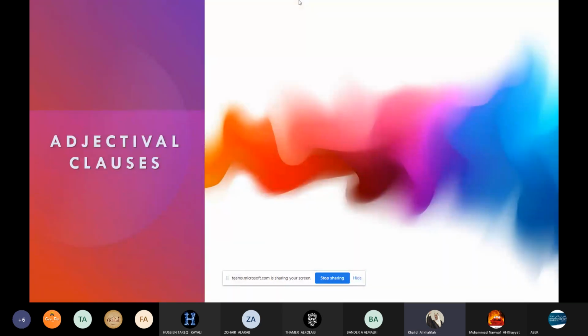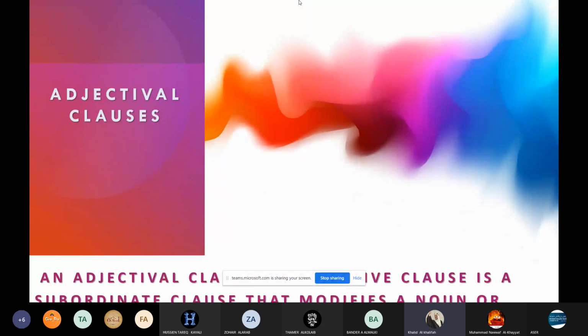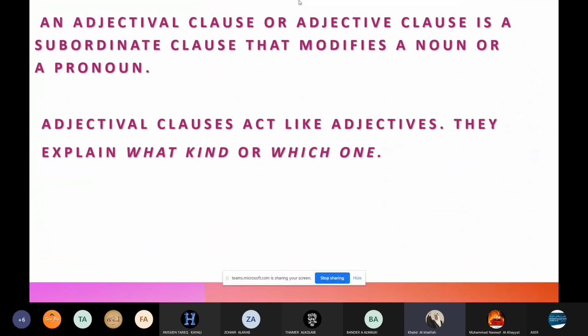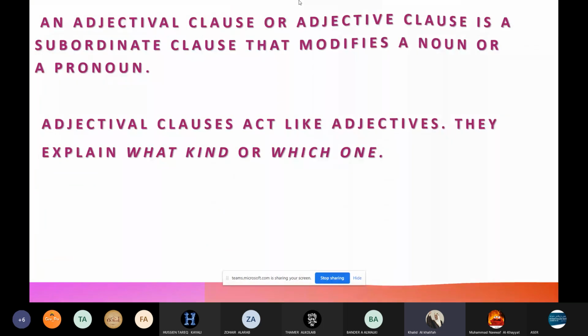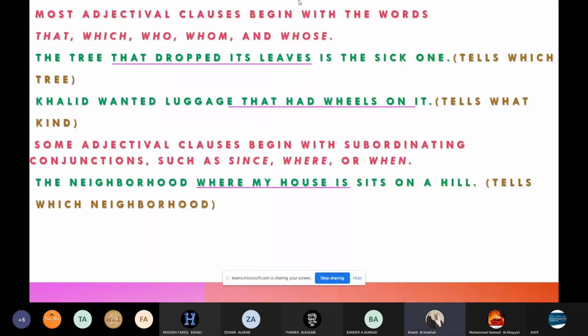Good afternoon. Today I will talk about adjectival clauses. At first, an adjectival clause or adjective clause is a subordinate clause that modifies a noun or a pronoun. Adjectival clauses act like adjectives. They explain what kind or which one. Most adjectival clauses begin with the words that, which, who, whom, and whose.